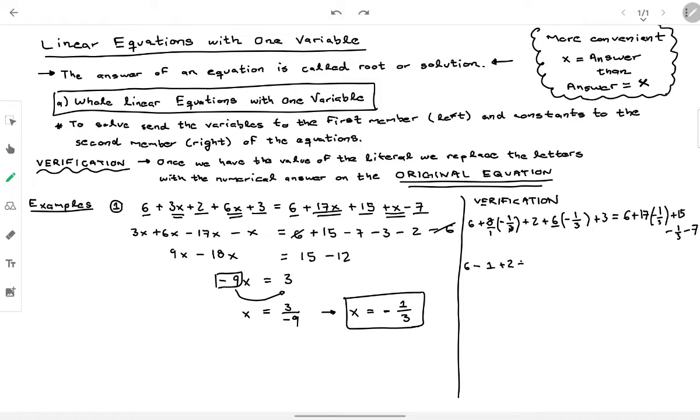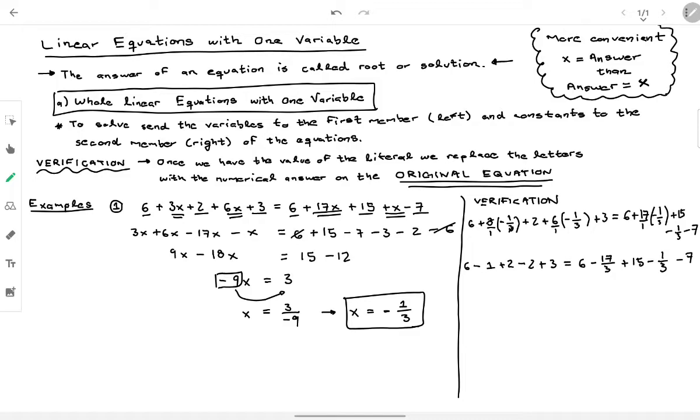So in this case, if I multiply 6 by minus 1/3, we will get minus 6 over 3, it's 2. So it's going to be minus 2 plus 3 equals 6, 17 that multiplies minus 1/3 is going to be minus 17/3 plus 15 minus 1/3 minus 7.